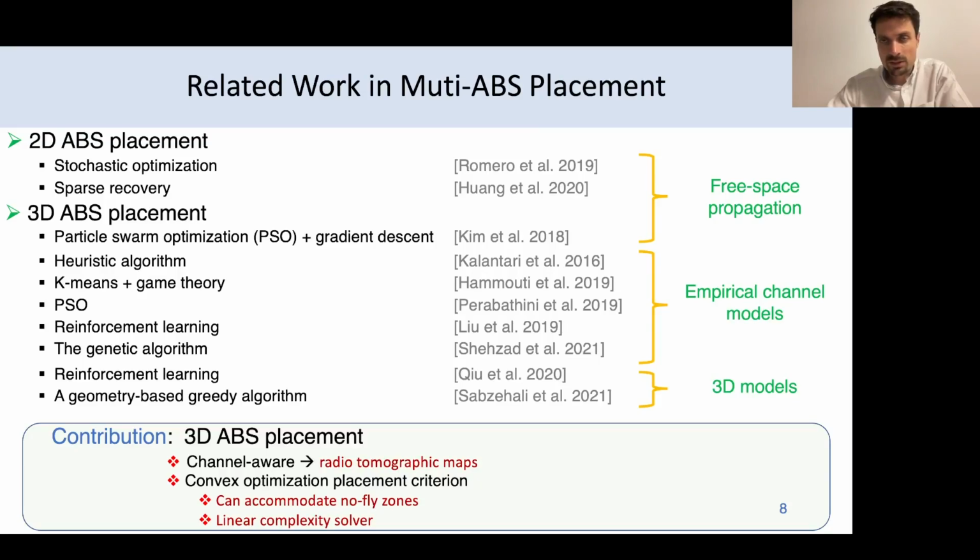So for instance, they cannot go inside buildings, they cannot go below or above certain altitudes imposed by regulations, they cannot go near airports and so on. And to optimize this criterion, we propose a linear complexity solver.